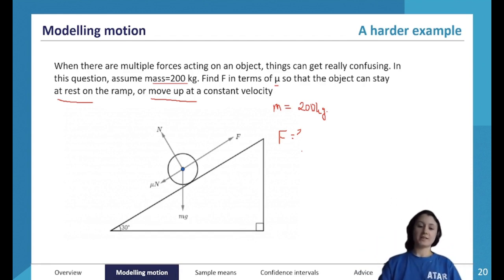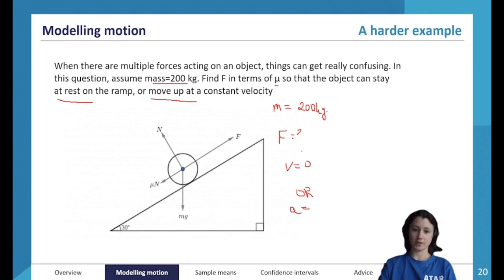And we need to find it such that the object is at rest. So when an object is at rest, it means its velocity is 0, because it's not moving. Or move up at a constant velocity. So let's have a think about this. What would it mean if an object was moving up at a constant velocity? It would mean, firstly, that the acceleration is still 0, as it was here.